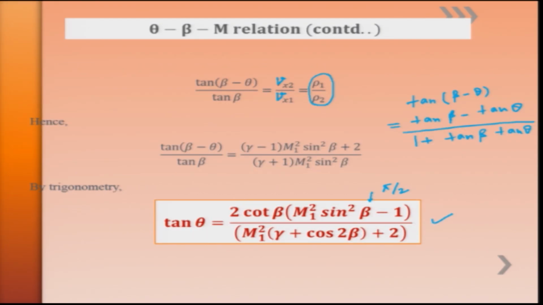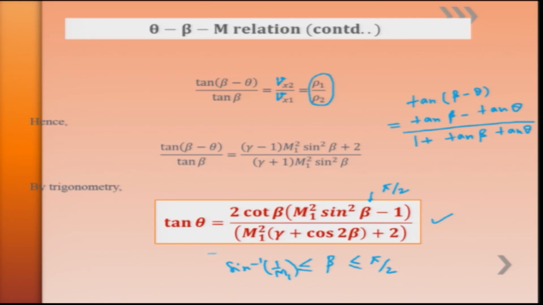Secondly, if I put M1 square sin square beta equal to 1, that means I am putting beta as sin inverse of 1 by M1, then again the right hand side becomes 0. That means tan theta is 0 at the two ends of the range we have already said beta varies over, between pi by 2 and sin inverse 1 by M1.